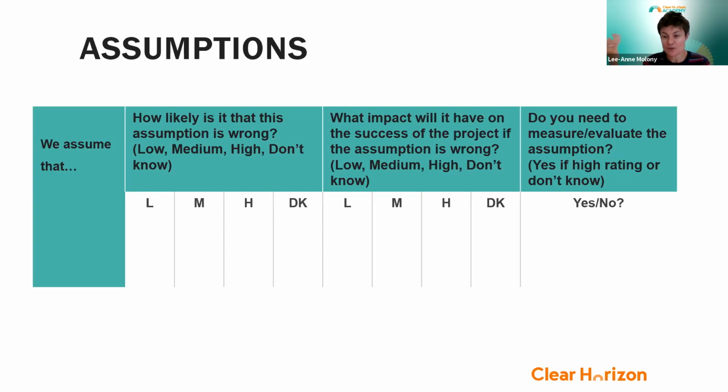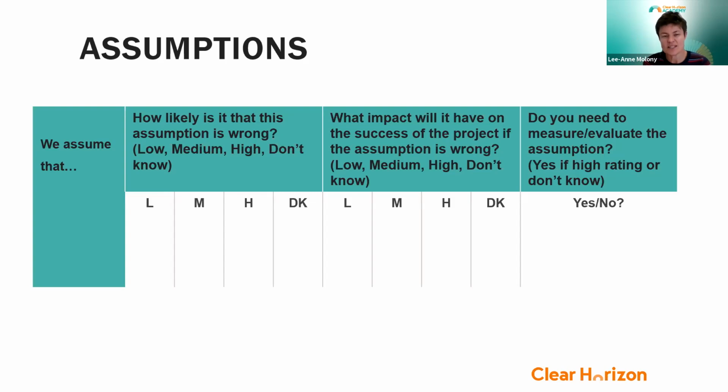But if your program is obviously about improved adoption of this new seed variety, in order to improve productivity and therefore provide a bit more stability to livelihoods, and if that's the only thing you're doing in the program, then yes, it's going to have a big impact on the success of your project if the landholders or farmers aren't that keen on adoption. So is that something you need to track, keep an eye on? Probably in that instance, because it sounds a bit risky to me.